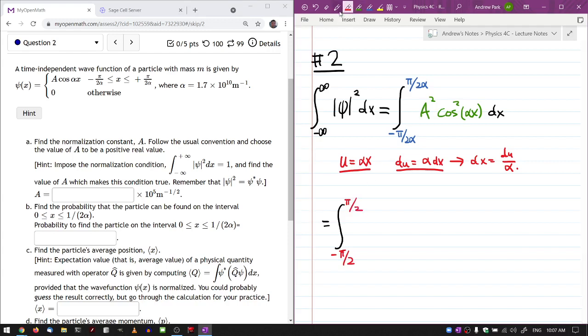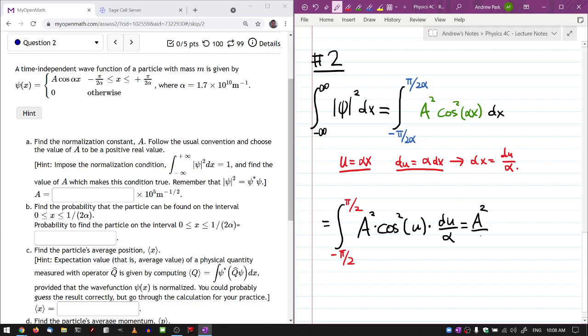And I have a squared, that doesn't change, times cosine squared of, instead of alpha x, I have a u, times, instead of dx, I have du over alpha. What this substitution has done for me is separate the expression into two parts.